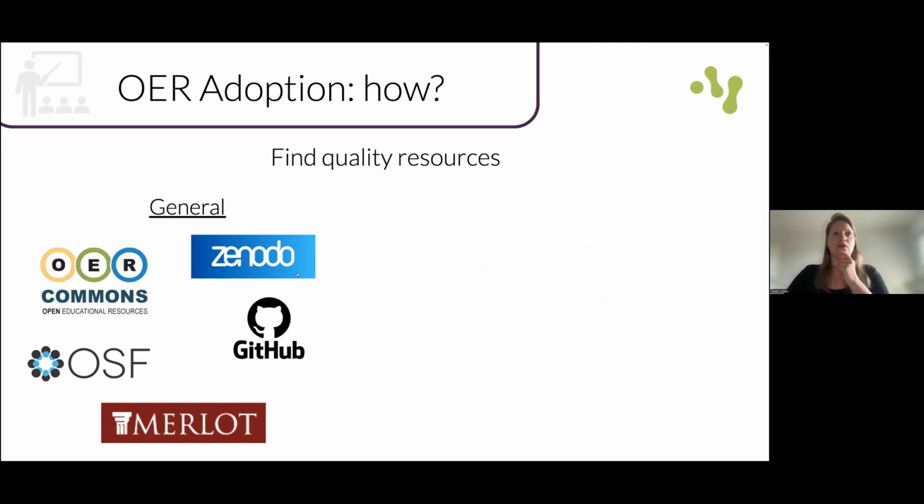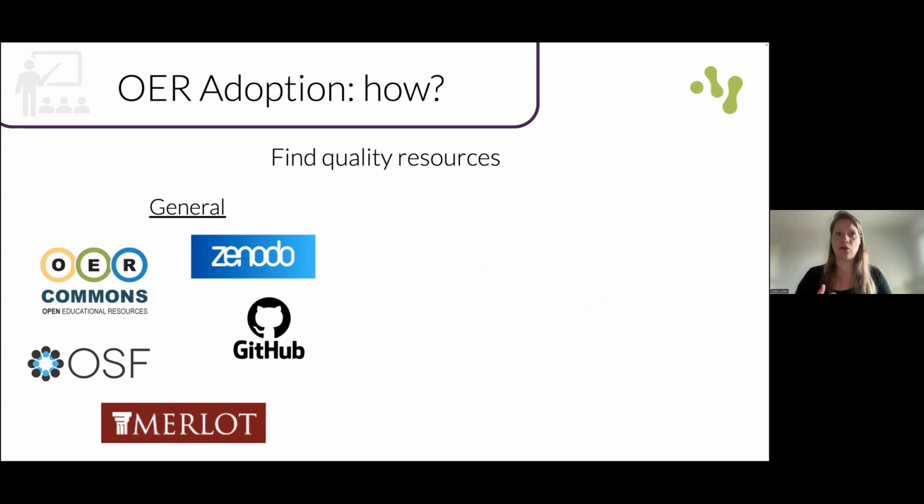Then we have kind of the usual suspects, Zenodo, GitHub. There's a lot of educational material on there as well. The Open Science Framework. Then there's Merlot, which is more often used by higher education faculty to teach bachelor's or master's students. And then you also have, for example, the Open Textbook Library.